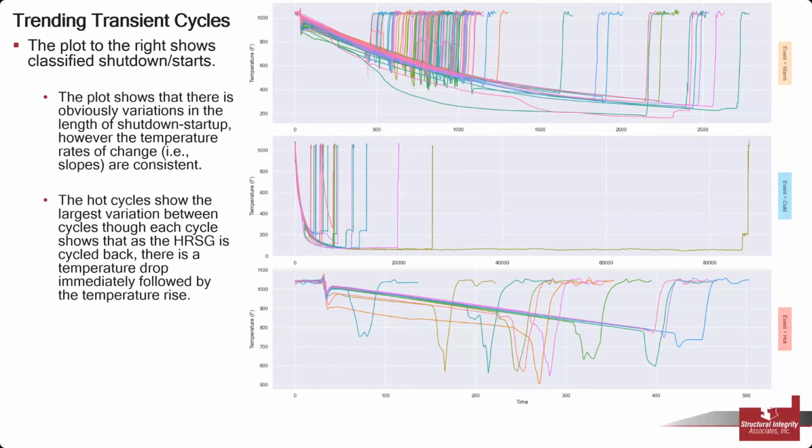So this would be looking over all time. It's not just the plots of this year, but you can basically build these transient cycles for areas that you want to monitor. In this case, the top plot is showing a hot, warm start, then the middle is a cold start, and the bottom is a hot start, showing that there's the most variations in hot starts.